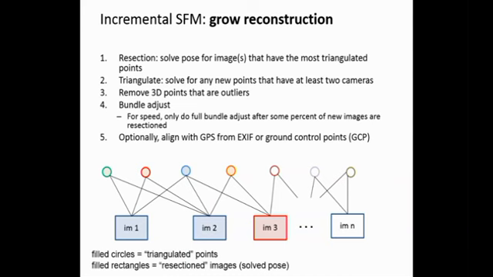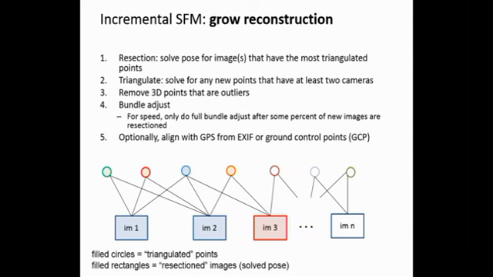So now, so far we've solved for the pose of 2 cameras and the 3D values of the points that they both observe. And so now I can grow my reconstruction. So I iteratively resection, which means that I add other cameras to my solution.